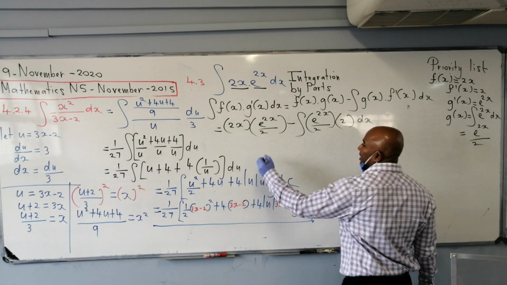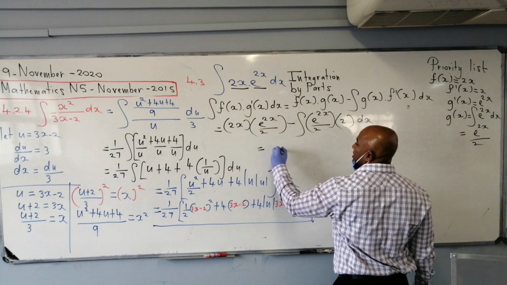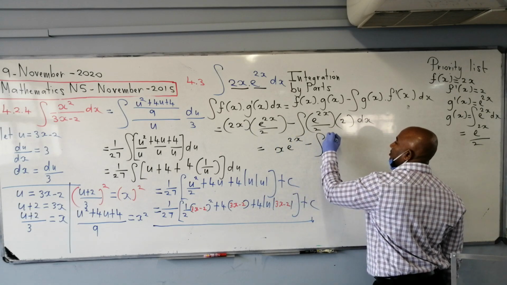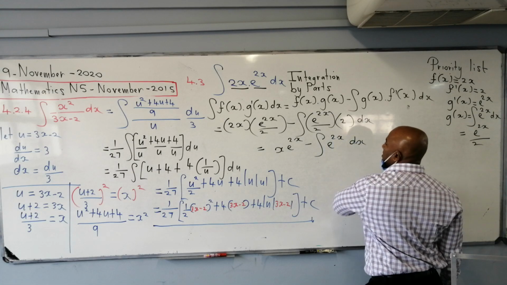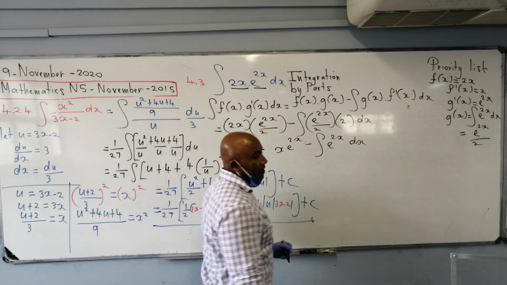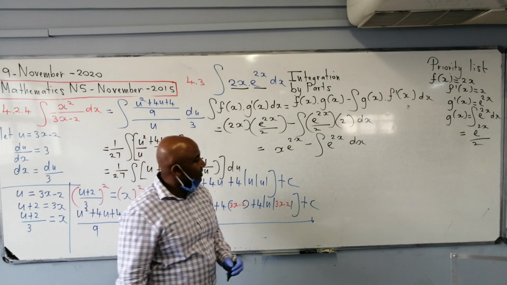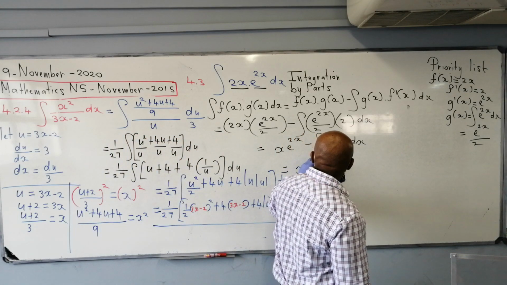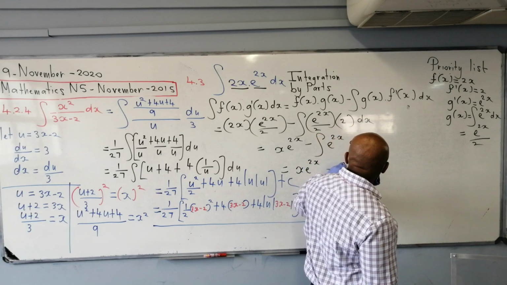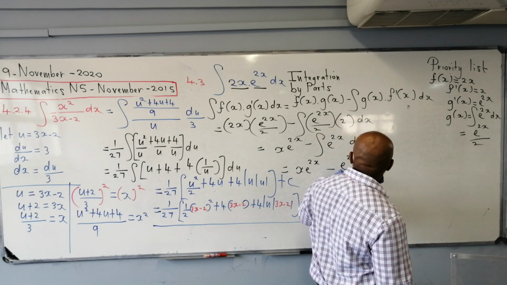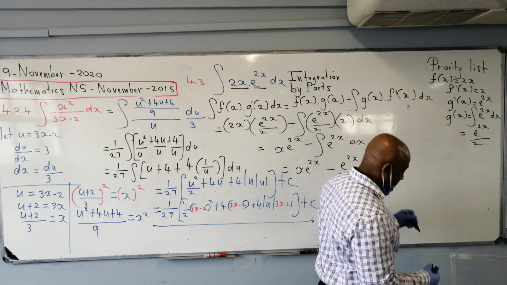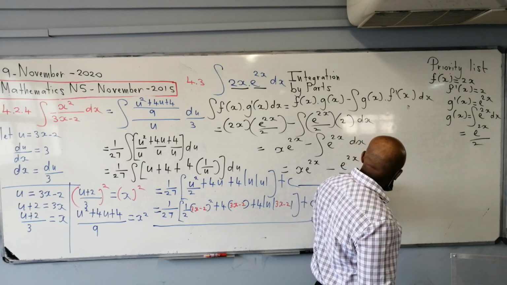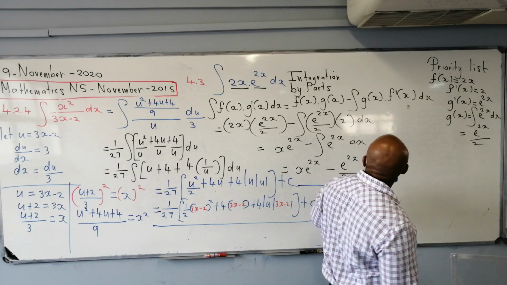Now let's simplify and work it out. 2 and 2 cancel, that's x e to the power 2x minus the integral of e to the power 2x, because this 2 and 2 also cancel. Can you see that? So therefore, this is x e to the power 2x minus e to the power 2x all over 2 plus c. And you're done. That is your integration by parts, which was 4 marks.